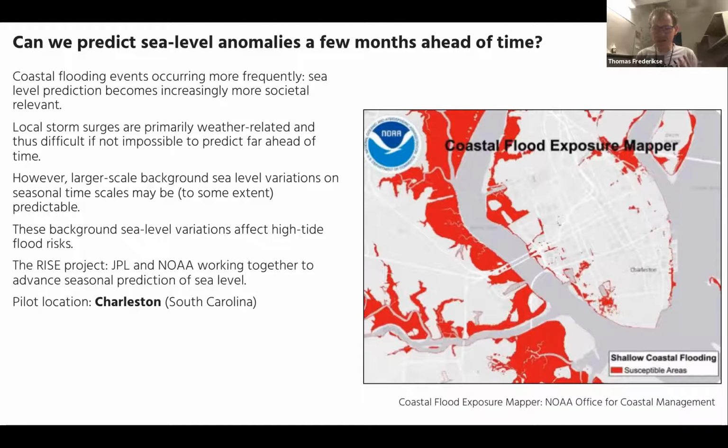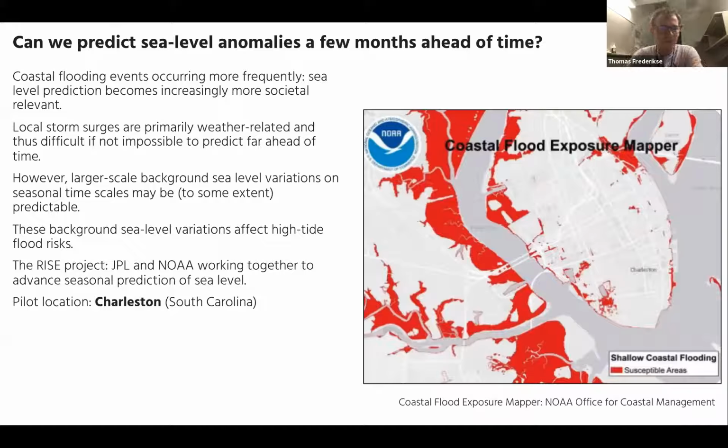So if we have information on the background longer term sea level variations on seasonal timescales, we can assess the risk of flooding, since there are specific months or seasons with a higher chance of flooding. When mean sea level is higher, the same tide will cause a higher high tide, so that immediately works out into a change in the flood risk.